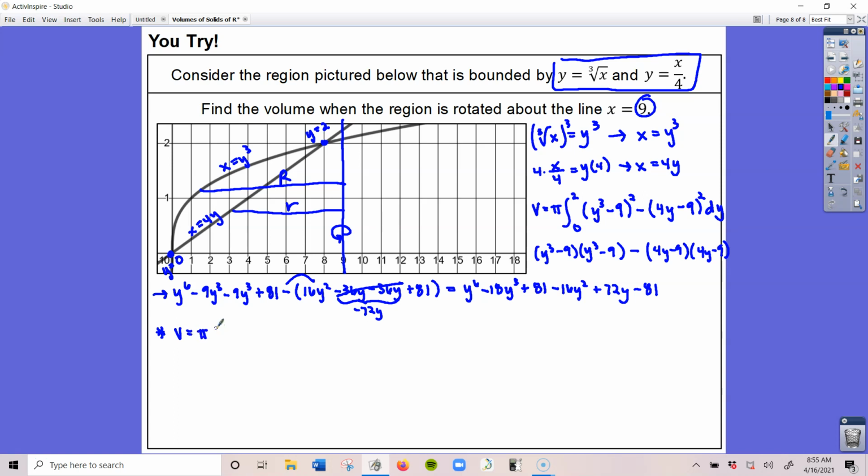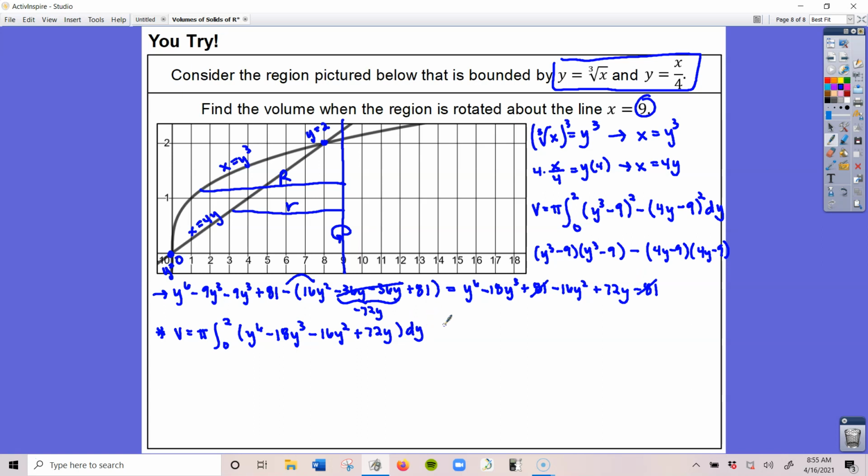It's going to equal pi, the integral from 0 to 2 of y to the 6th minus 18y to the third minus 16y squared plus 72y, and then these 81s cancel out. So it's just this equation dy.